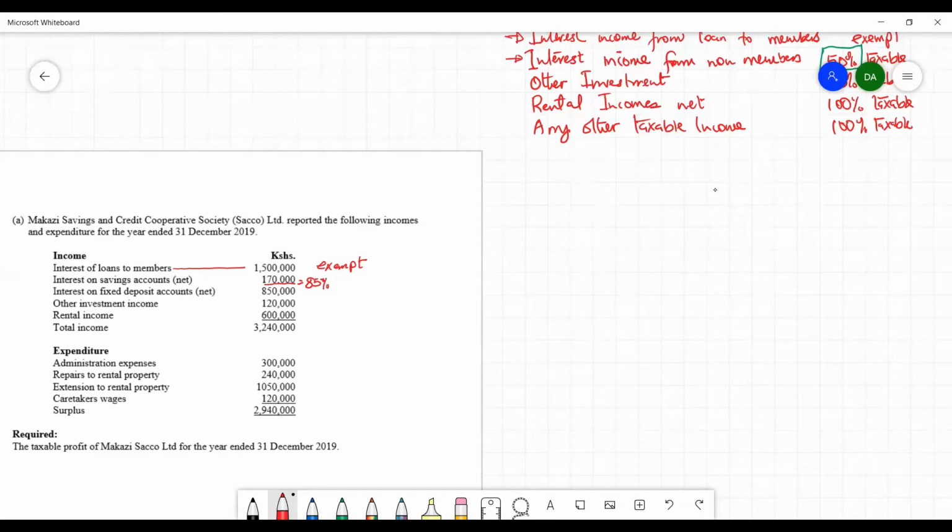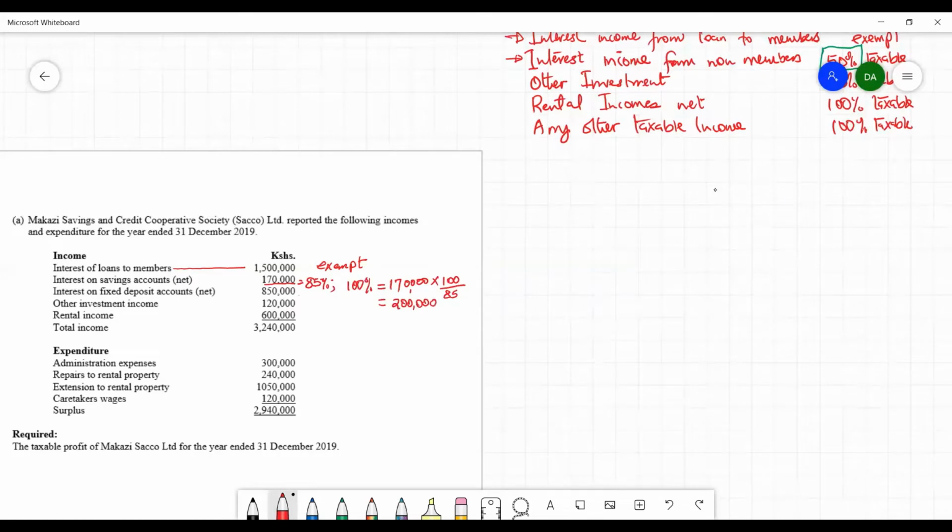If 170,000 is 85%, then we need to determine the gross amount, which is 100%. So 100% is equal to 170,000 times 100 divided by 85, and that gives you a total of 200,000 as the gross amount.